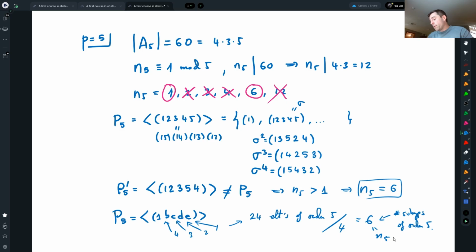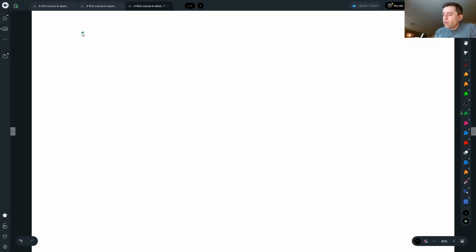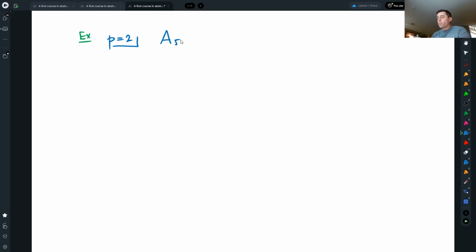So let's look at p equals 2, the Two-Sylow subgroups now. We're looking for the Two-Sylow subgroups of A5. Any such Two-Sylow will have order 4, because the order of A5 is 4 times 3 times 5. What is the number of Two-Sylows?